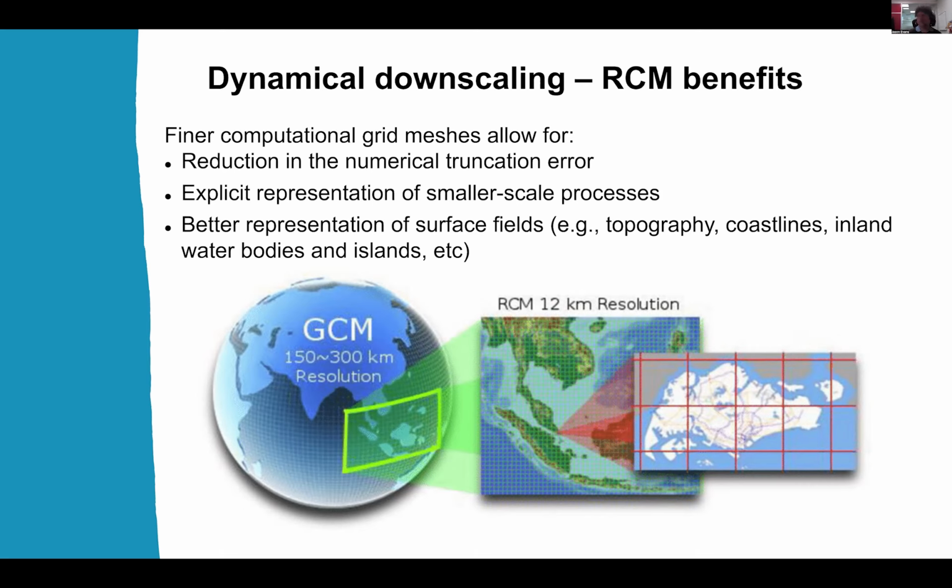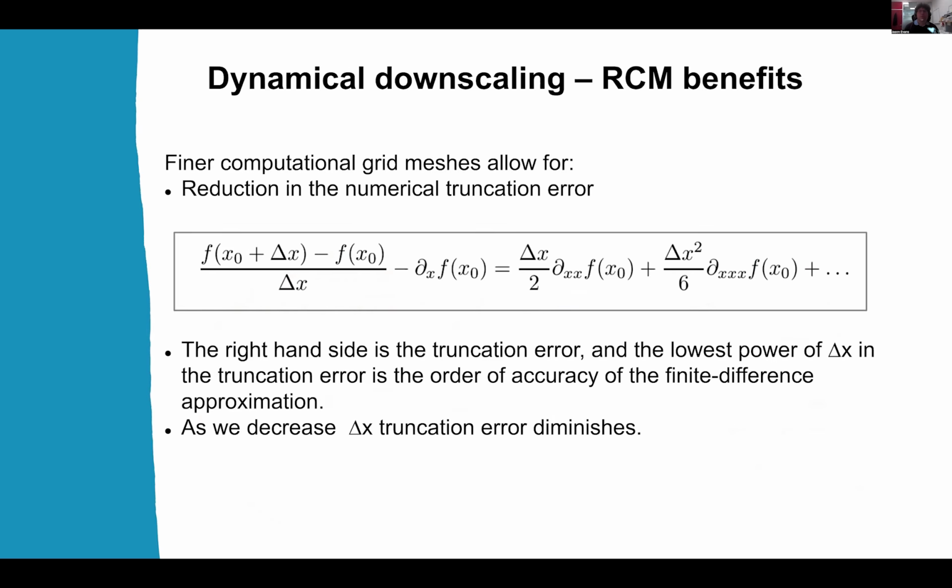So it's a free benefit you get by increasing your grid resolution: you decrease the error that's inherent in the numerical solution. We can also explicitly represent some small scale processes, and we include better representation of surface fields, like the topography, the coastline, and the land cover types, all of which improve at higher resolution.